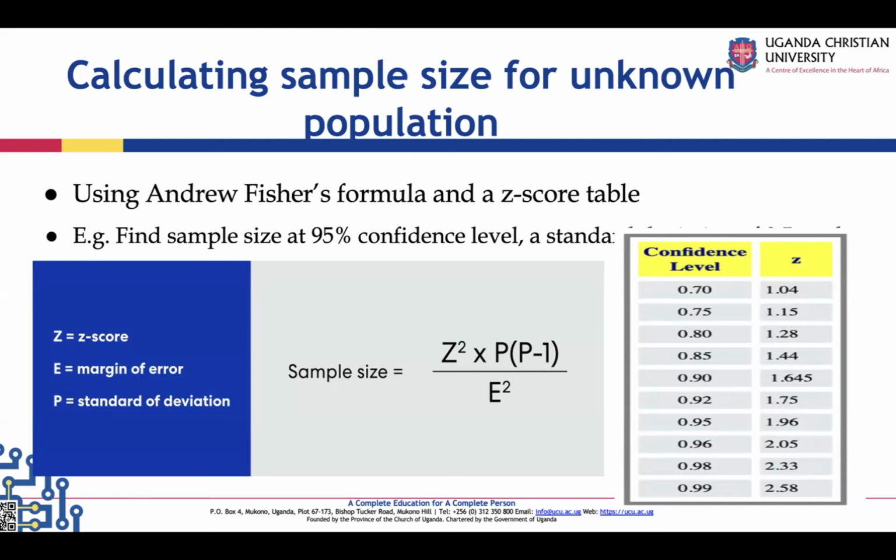So the formula looks like this. When you have the z-score, you have the standard deviation represented by the p, and you have the margin of error, okay? So you can always refer to the confidence and z-score conversion table, which you can find online.